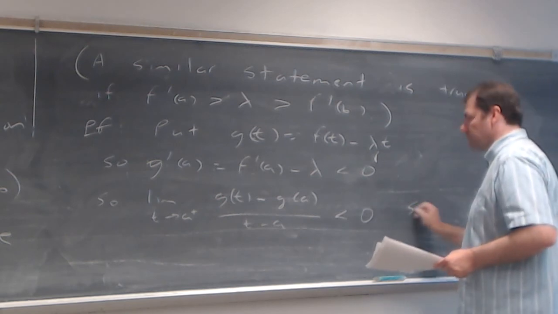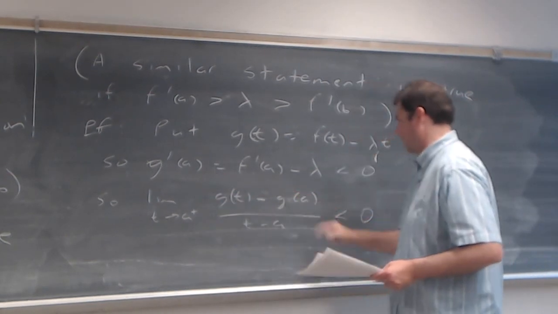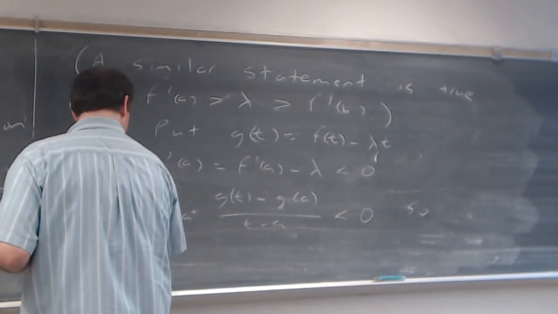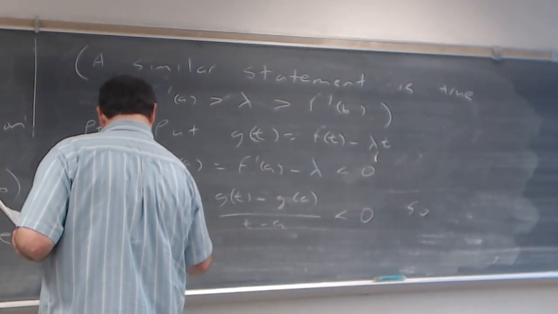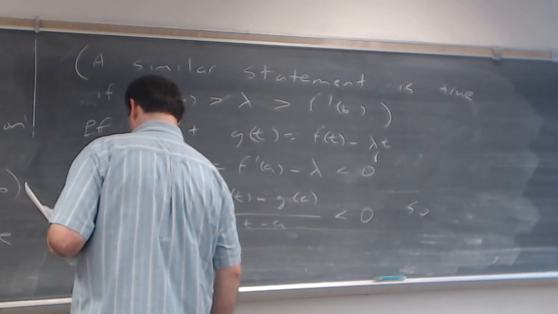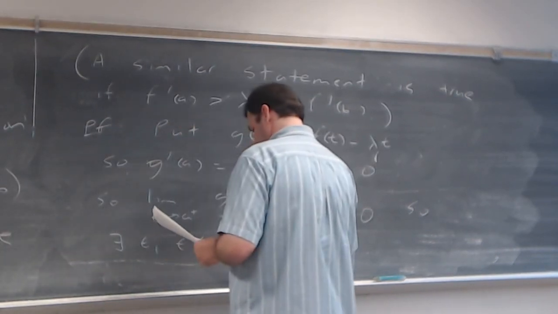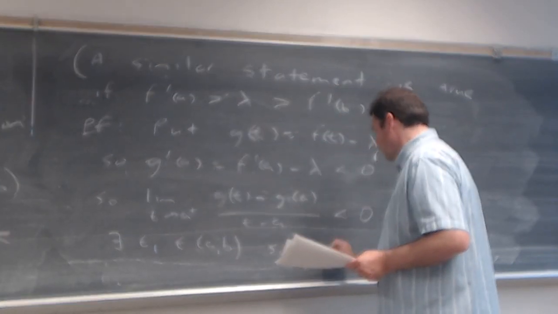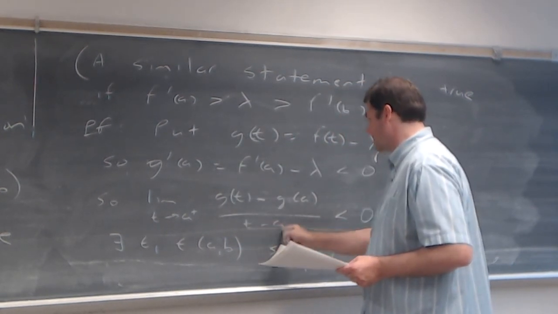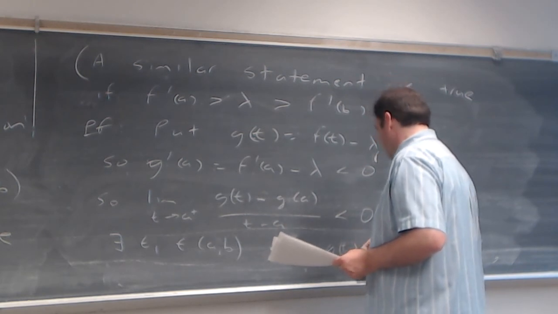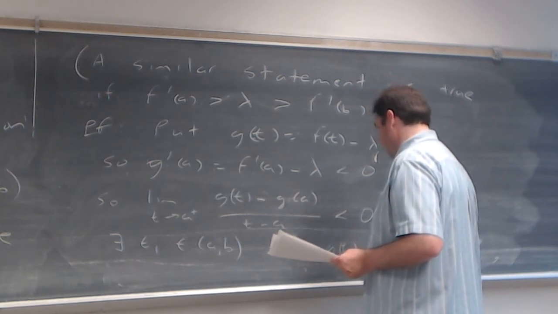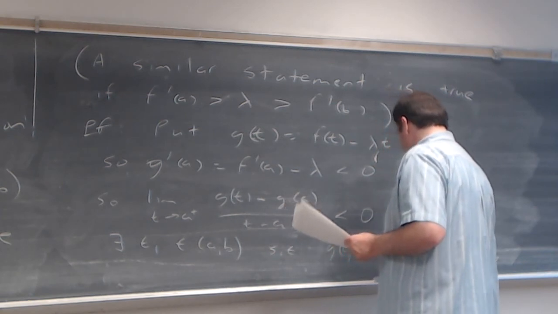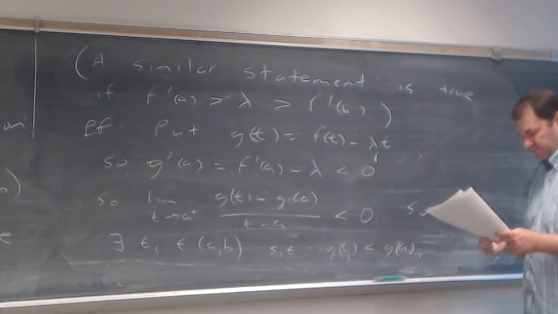What that's going to imply, here this is g prime of a, is that there exists a t sub 1 in the open interval from a to b such that, since t is bigger than a, g of t sub 1 has to be less than g of a for this statement to be true.